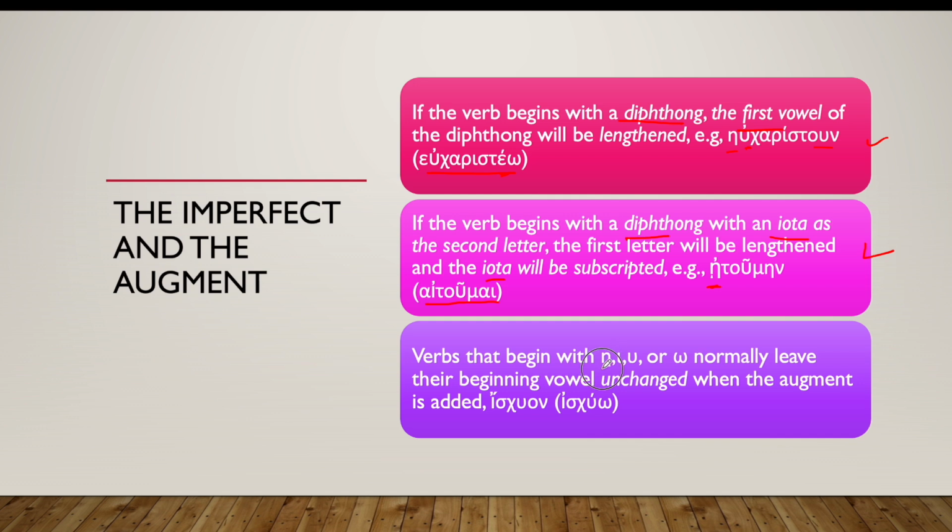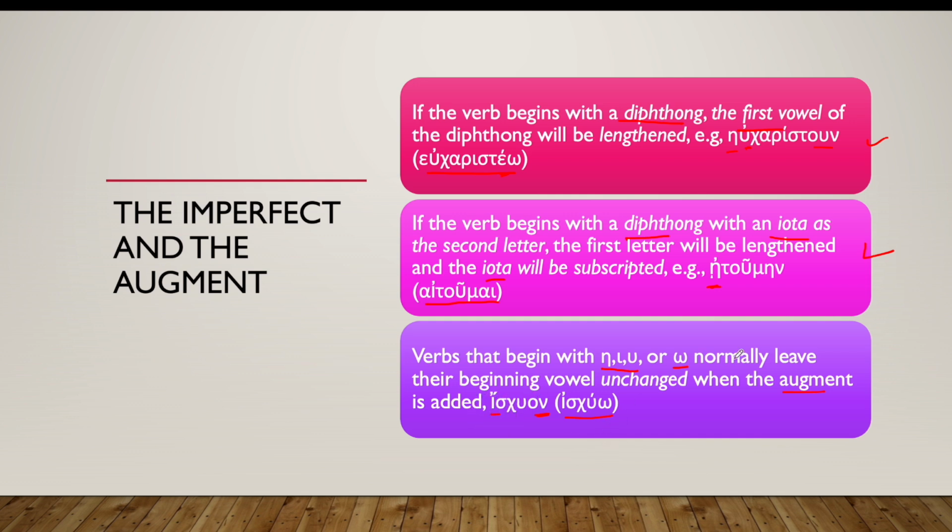Now, verbs that begin with an eta, iota, or an upsilon, or an omega normally leave the beginning vowel unchanged when the augment is added. So, for instance, iskuo, I am strong. Notice that it moves to having that imperfect ending, but there's nothing happening at the front.